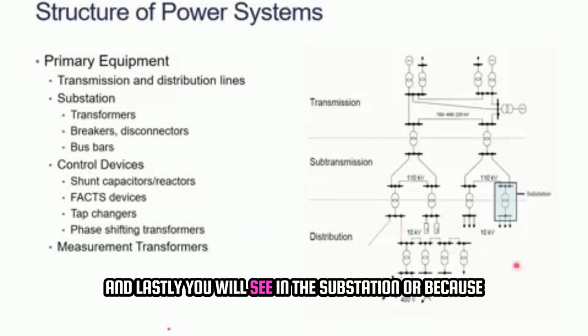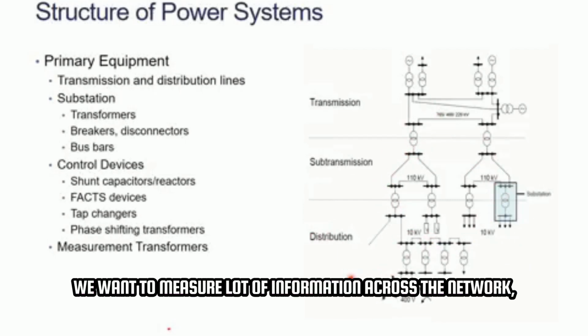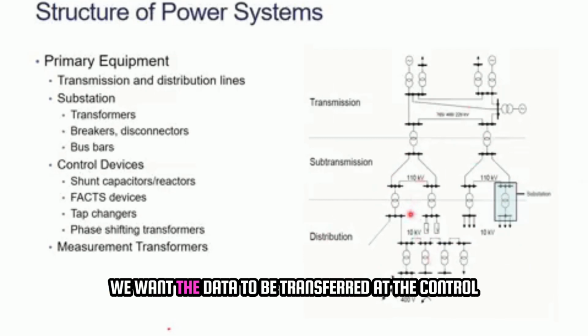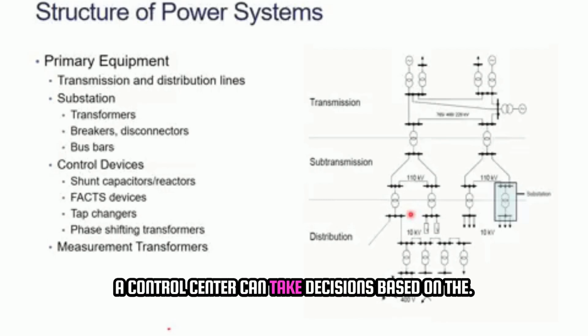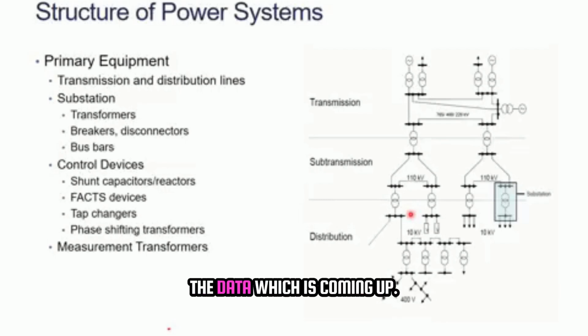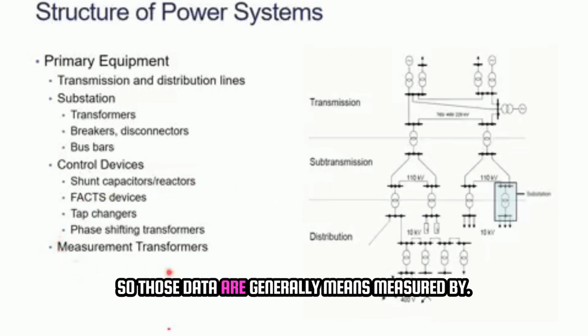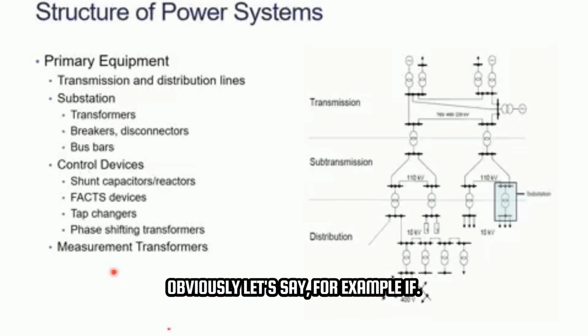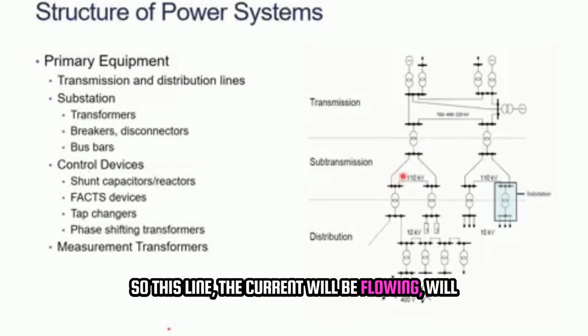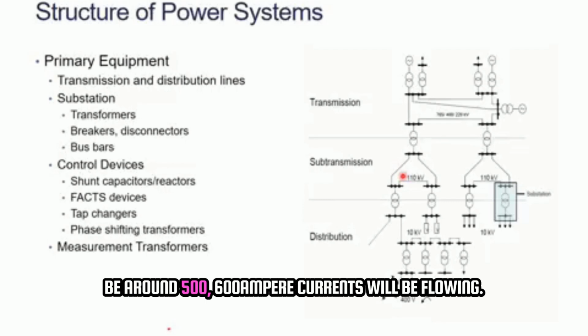And lastly, in the substation, because we want to measure a lot of information across the network, we want the data to be transferred to the control center, where the engineer sitting at the control center can take decisions based on the data which is coming in. Those data are measured by measurement transformers. For example, on this 110 kV line, the current flowing will be around 500 to 600 ampere.